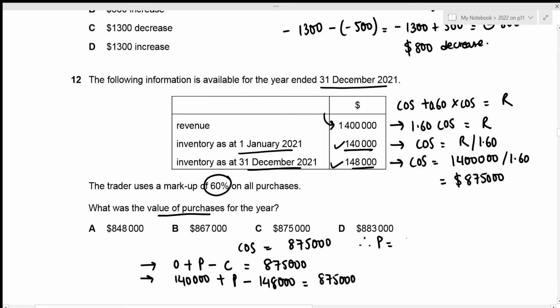That is just going to be 875,000 minus 140,000 plus 148,000. This results in the value for purchases to be 883,000. This is the answer we're looking for, which is given in option D. So that will be the correct answer. This concludes question number 12. We can now move towards question number 13.